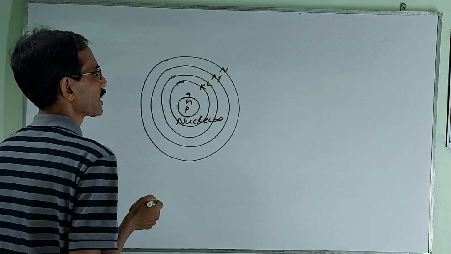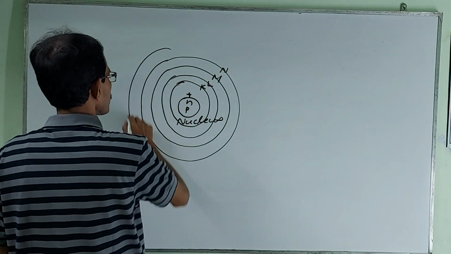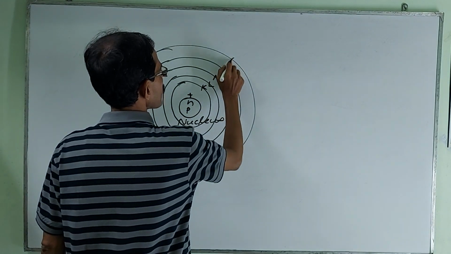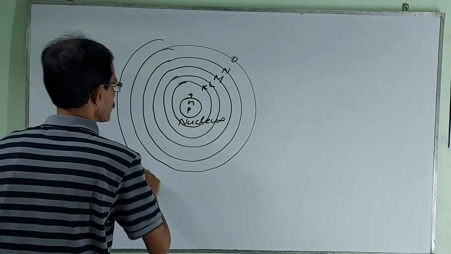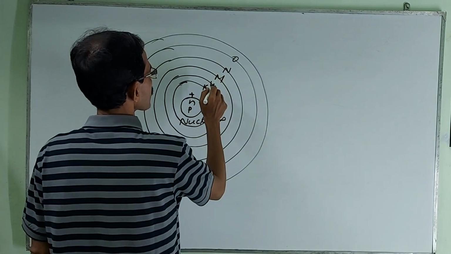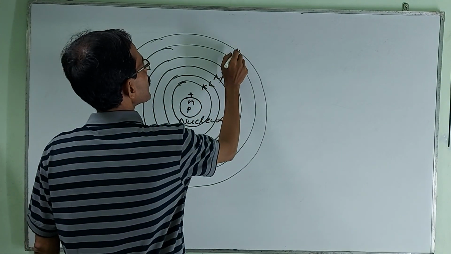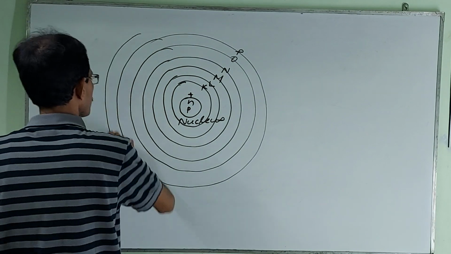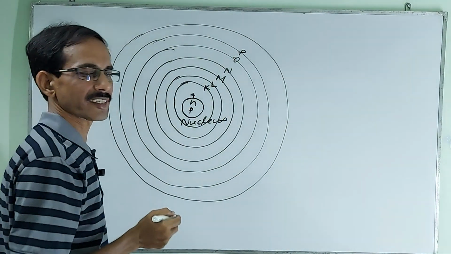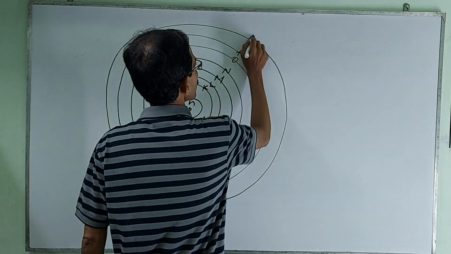It is designated as N. This is the fifth shell. It is designated as O. This is the sixth orbit. It is designated as P. This is the seventh orbit. It is designated as Q.